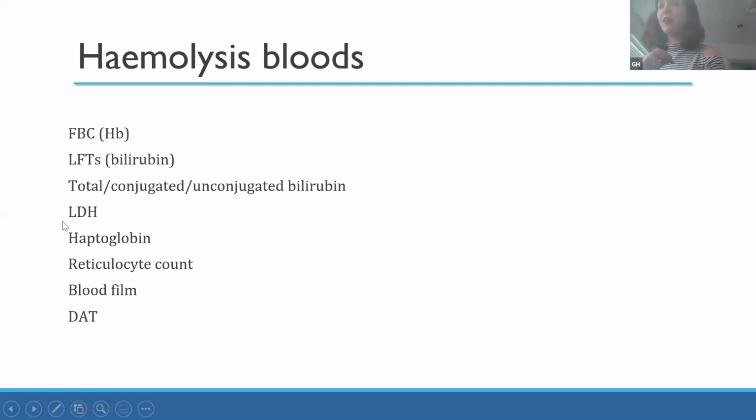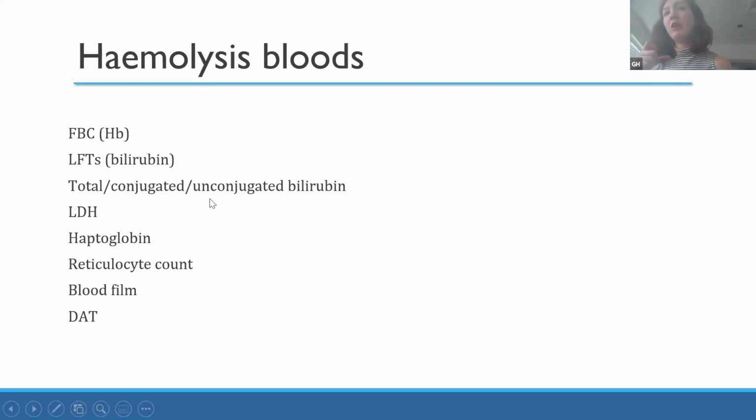So your lactate dehydrogenase will usually be high because of the hemolysis. For the haptoglobin, that's a sort of binding thing, so that will often be low as well. Your reticulocyte count will be high because you've lost a lot of your red blood cells, so your bone marrow is trying to compensate by creating a lot of reticulocytes to make your erythrocytes.